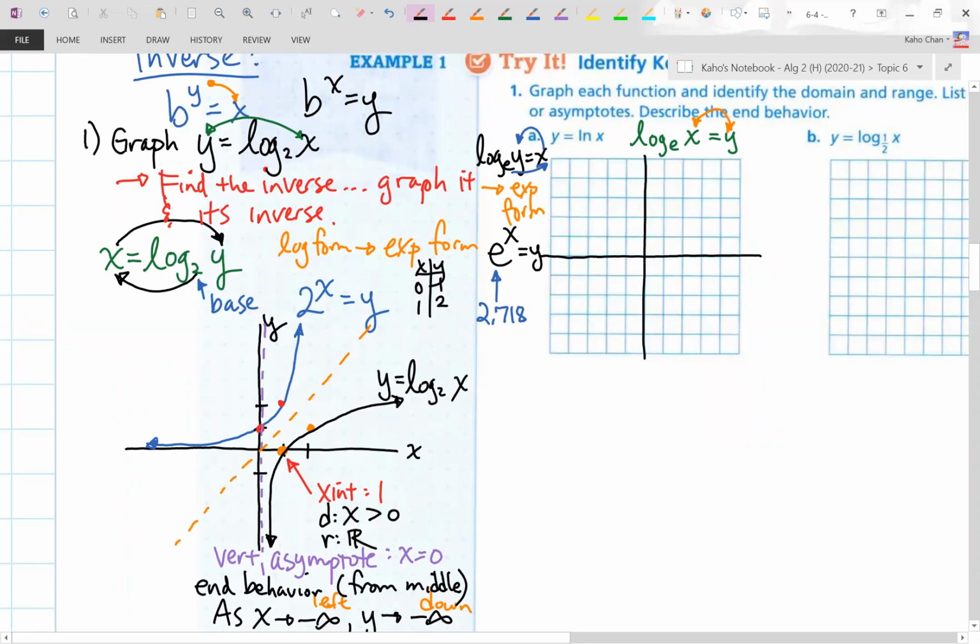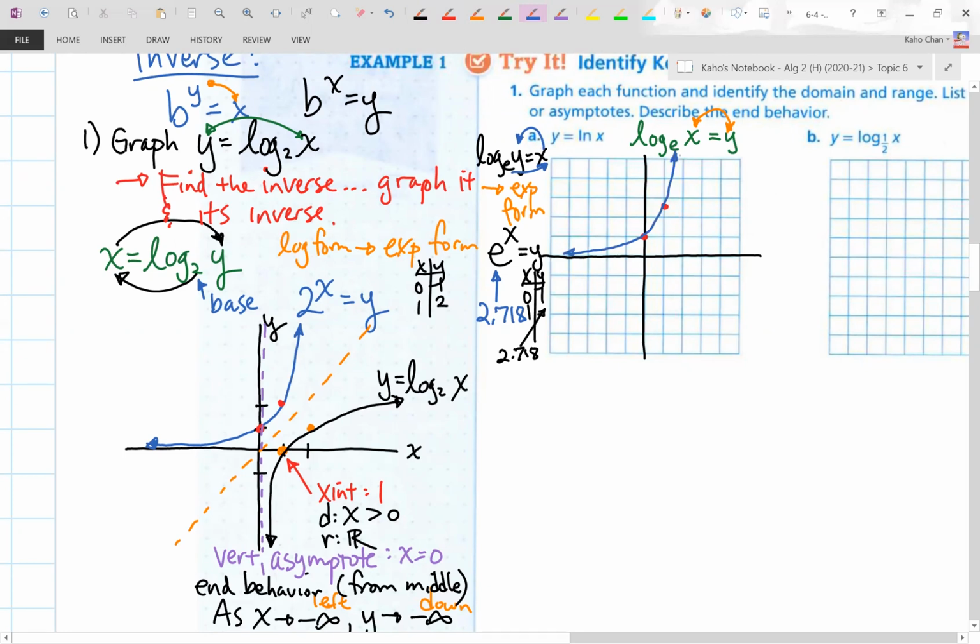And if I use a t-chart, 0, 1, e to the 0 is 1, e to the first is 2.718, right? That's easy to do. Let's plot those. 0, 1, 1, 2.718. Hey, it's just like the last problem, basically. The base obviously is a little bit bigger than 2, but there it is.